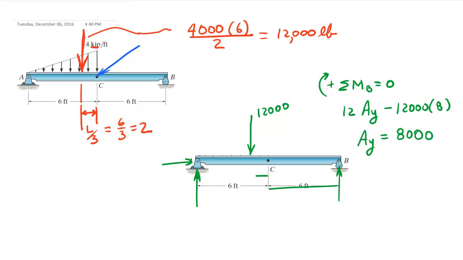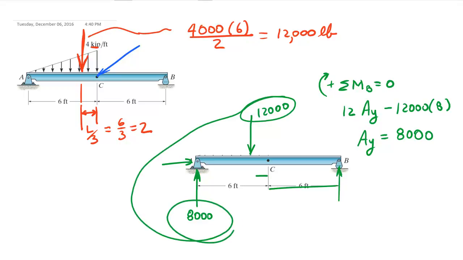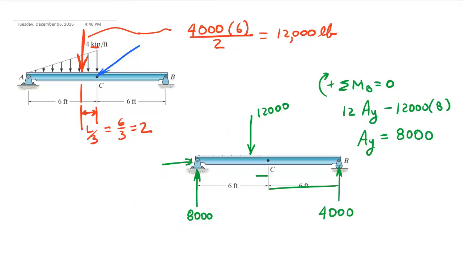So I'll just put 8,000. Since there's 12,000 down and 8,000 up, what do I have to add to the 8 to get 12? That would be 4,000.